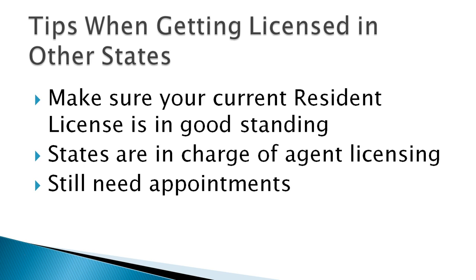I need to make sure I also get appointed with XYZ insurance carrier in that state as well. And they'll usually help you with that, because at the end of the day, they want the business. They want to help you get that business. So, but just make sure for compliance sake that you are not just getting licensed, but you're getting appointed.